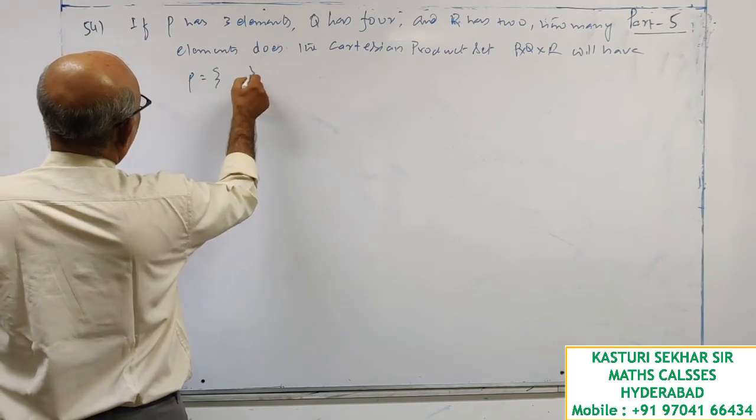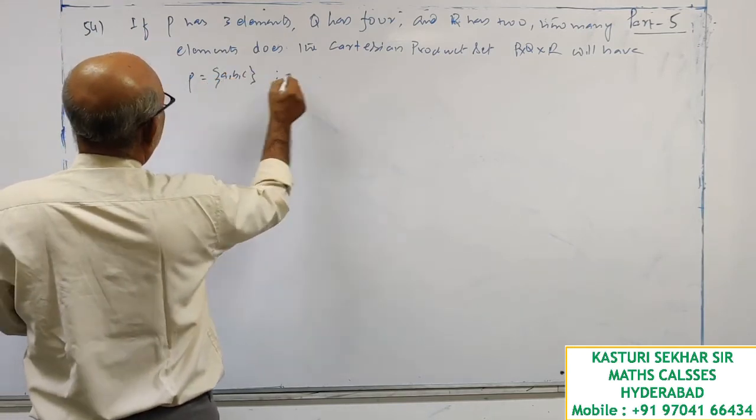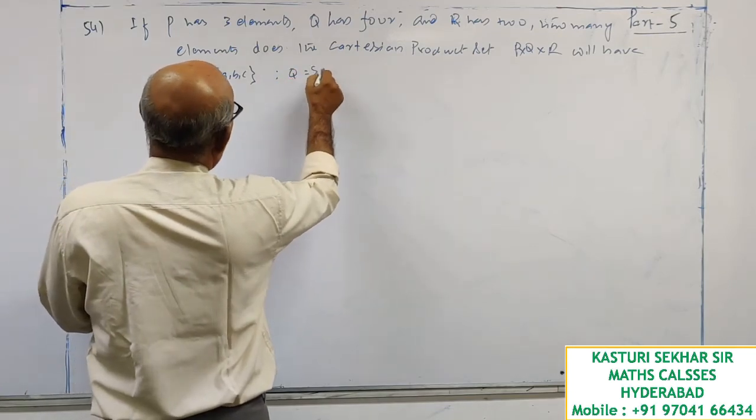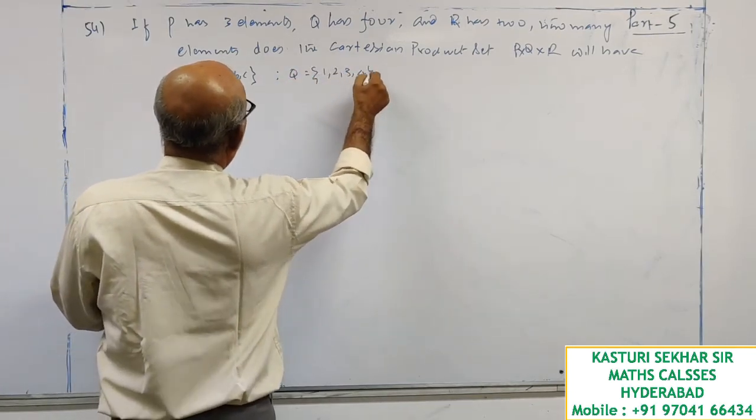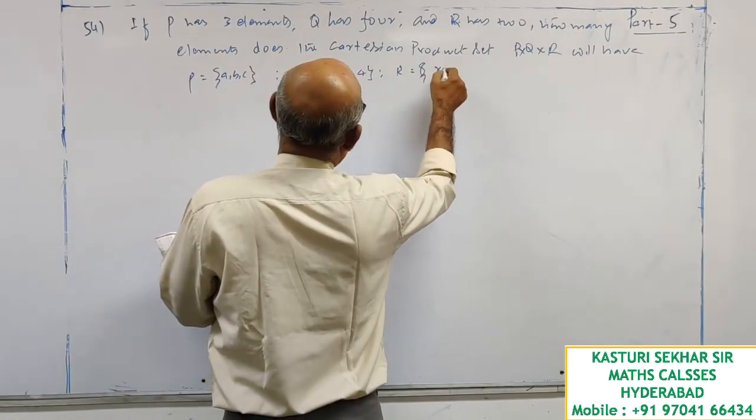P is a set having three elements, let us take a, b, c. Q has four elements, 1, 2, 3, 4. R has two elements, x comma y.